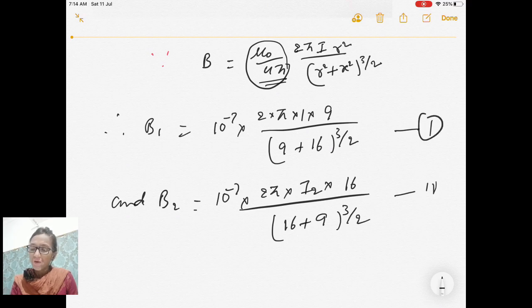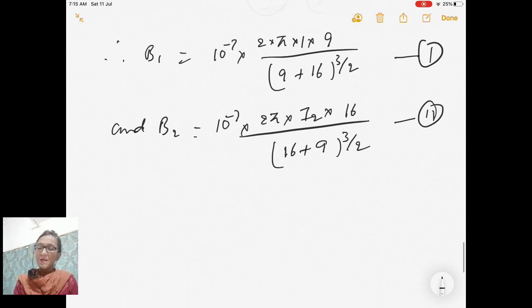On equating 1 and 2, since both fields are in different directions and cancel each other, B1 is along i cap and vector B2 is along minus i cap. So on adding the two, it must be equal to 0.